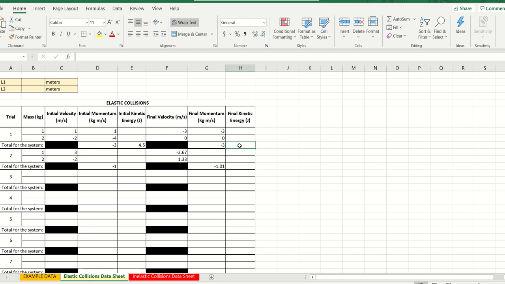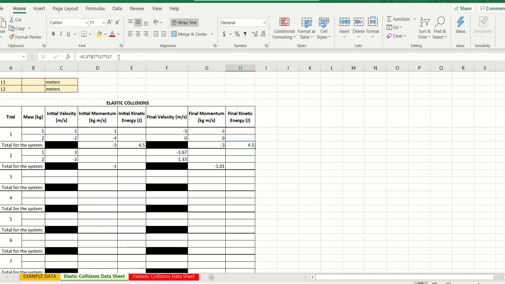Now let's calculate the final kinetic energy. That's going to be equal to 0.5 times m1 times v1 final, the final velocity of m1, squared. Let's square that.